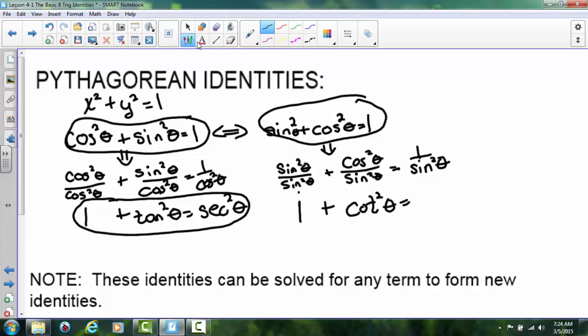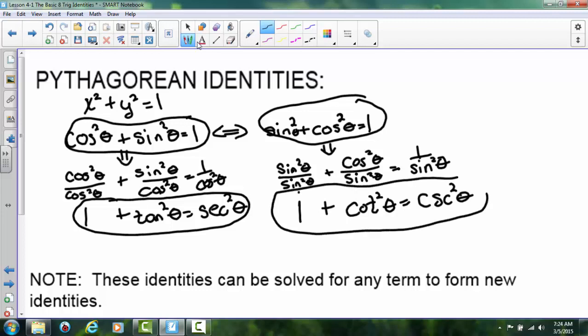And 1 over sine squared theta would be cosecant squared theta. Okay, so just using those few pieces, we have, oh, I shouldn't say created, but we have defined some identities that will help us in solving and simplifying trig equations.